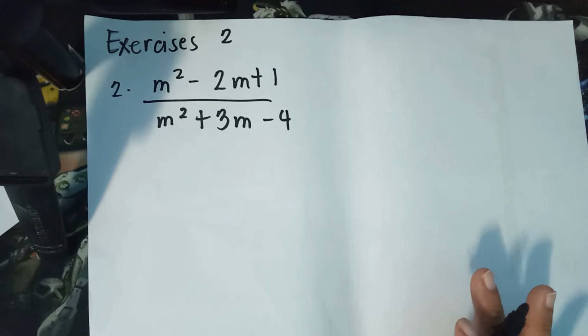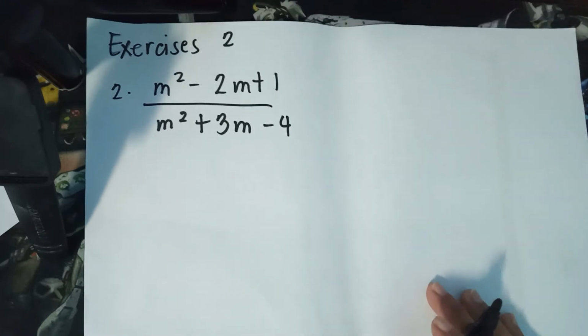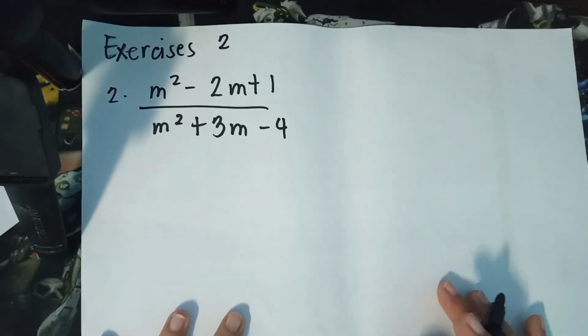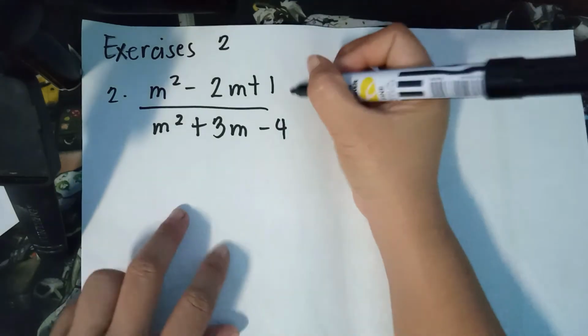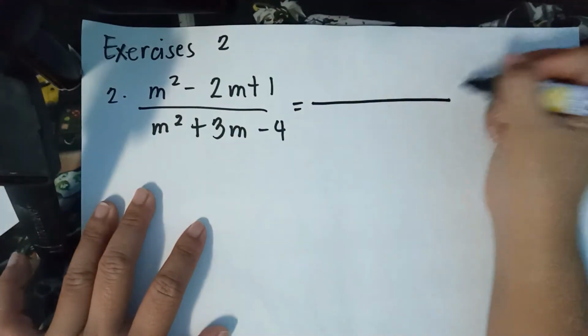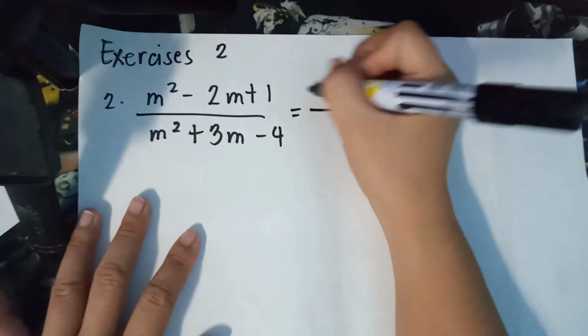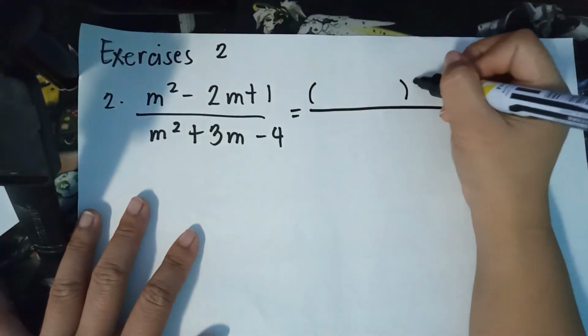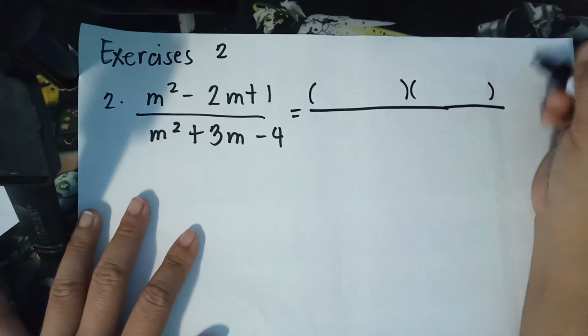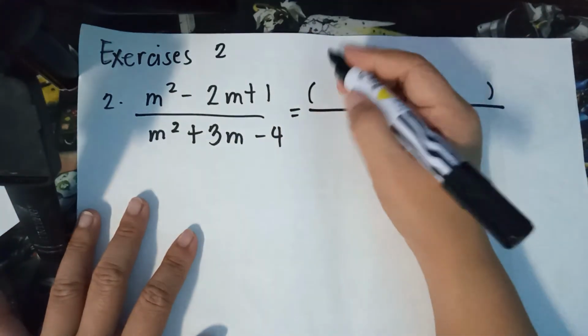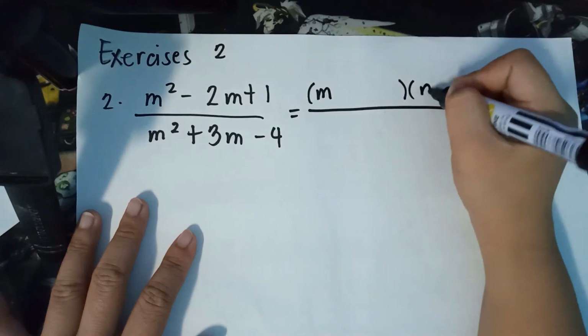Exercises number 2. m squared minus 2m plus 1 over m squared plus 3m minus 4. We will find the factors of the trinomials. Since this is a trinomial, we will prepare 2 parentheses. Next, factors of m squared: m and m.